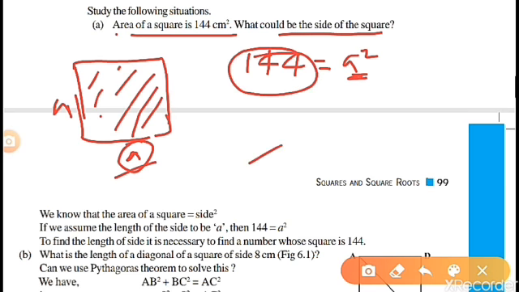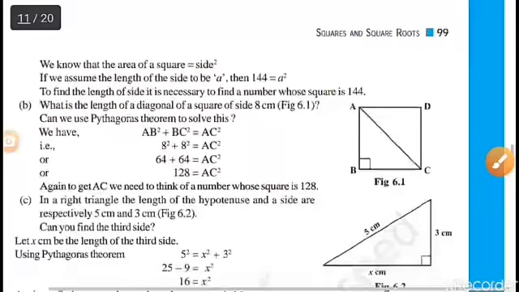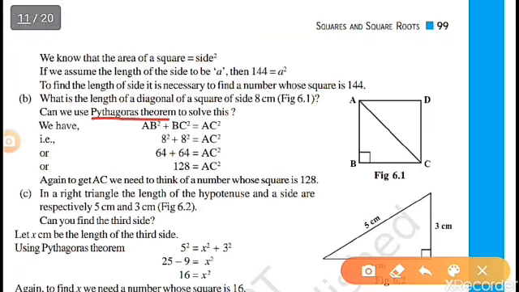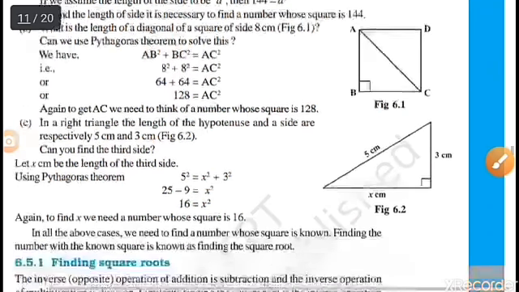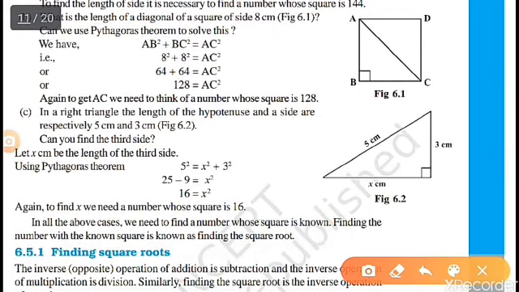Second, if we are dealing with questions of the Pythagoras theorem, we again have to calculate square roots. For example, in this right angle triangle, two sides are given and we have to find x. Applying the Pythagoras theorem, the square of the longest side, that is the hypotenuse, will be equal to the sum of the squares of the other two sides.